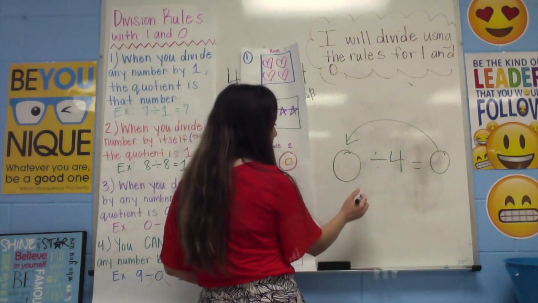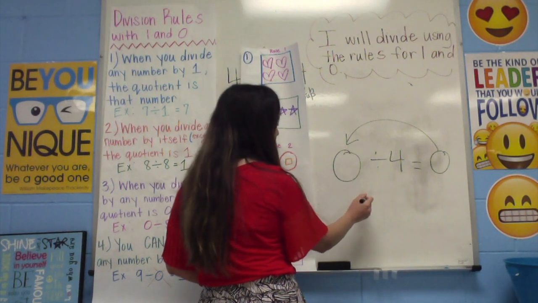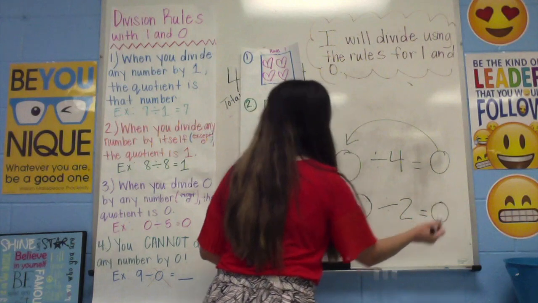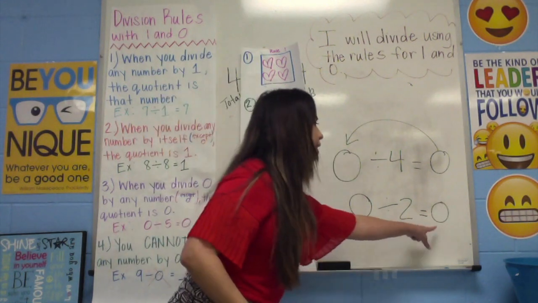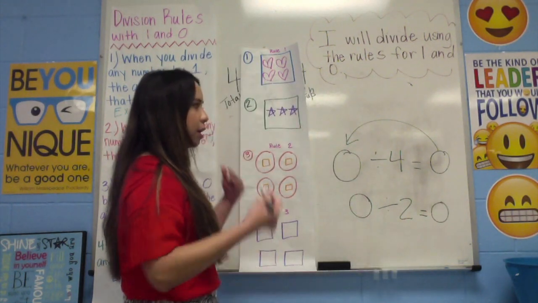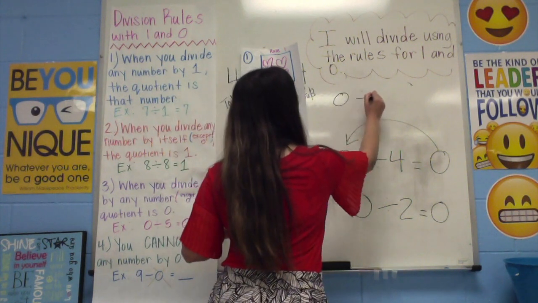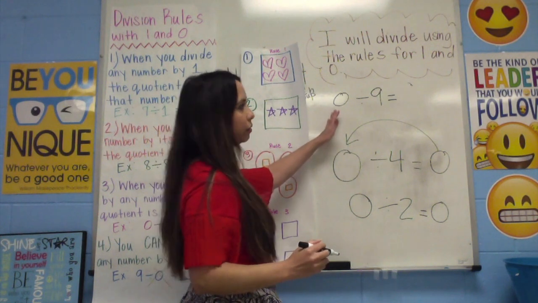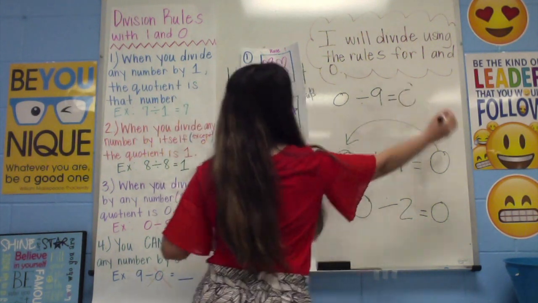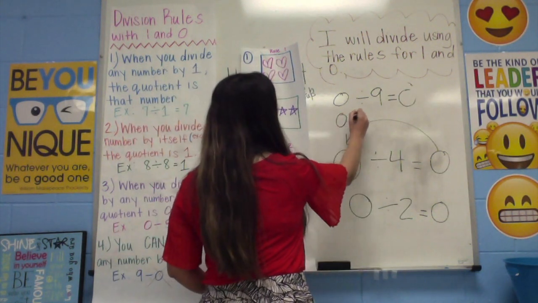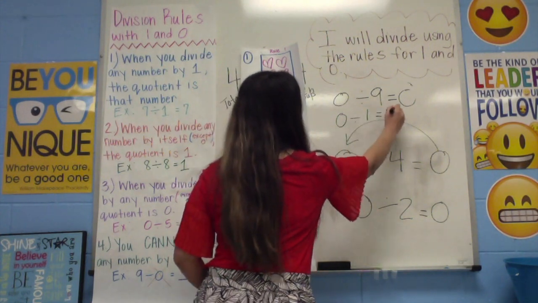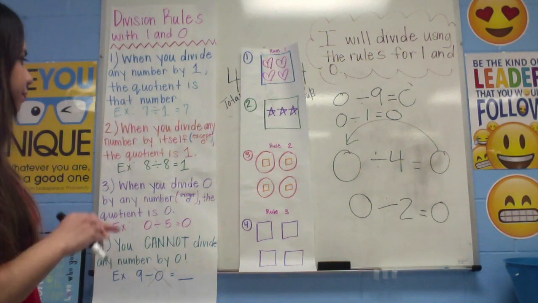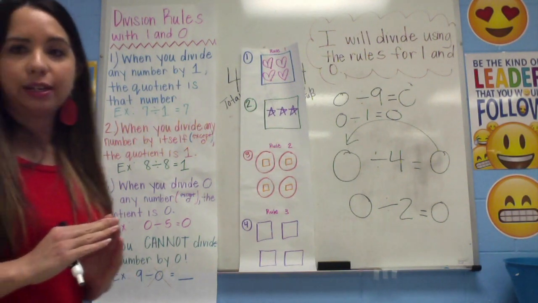So 0 divided by 2 will equal 0, you guys. 2 times 0 is 0. 0 divided by 9. 0 divided by any number is 0. 0 divided by 1 is 0. Okay? So when you divide 0 by any number, the quotient is 0.